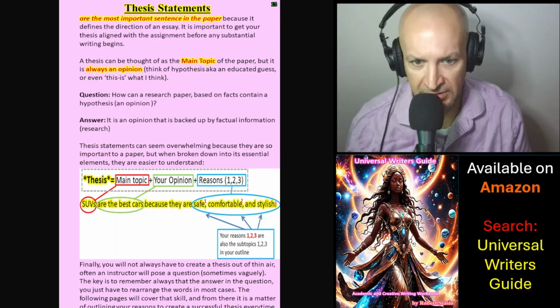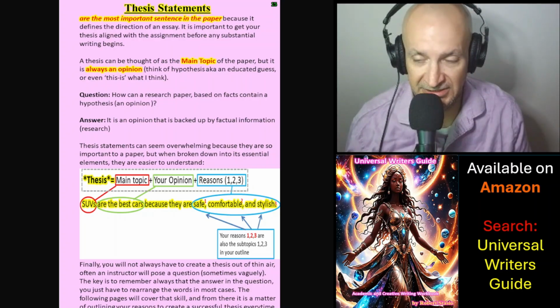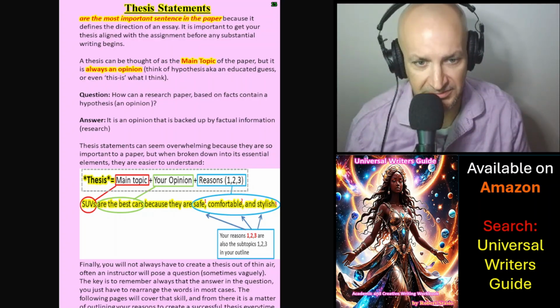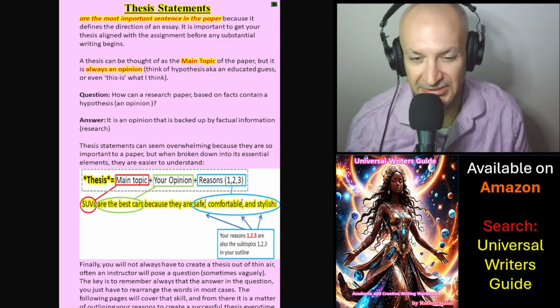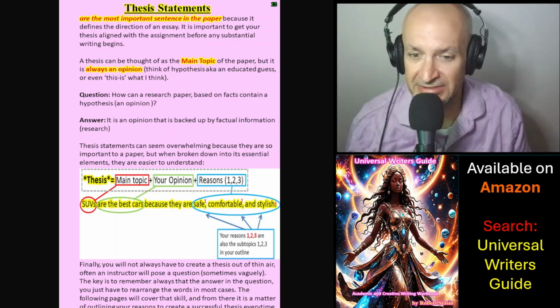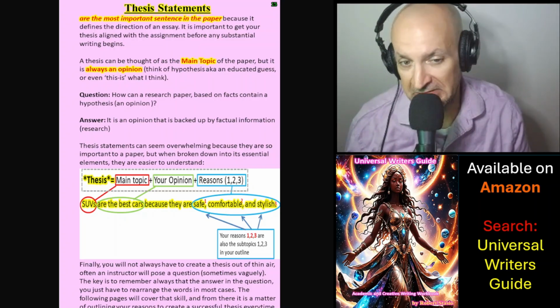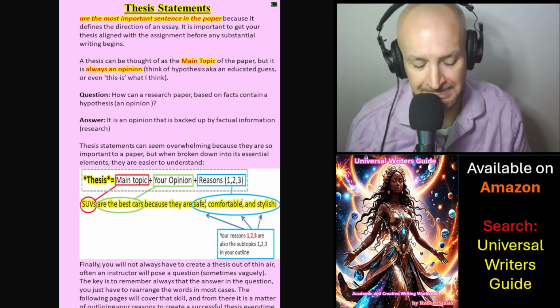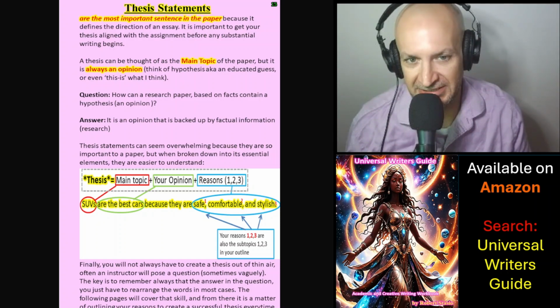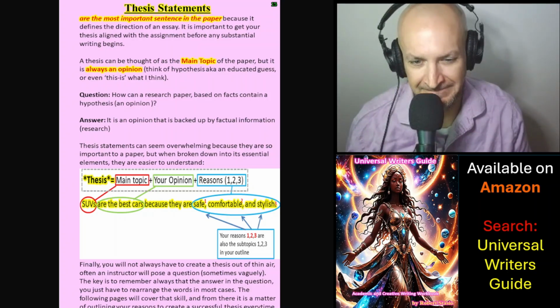Okay, so sometimes you have to create a thesis out of thin air. Your instructor will just be like, whatever you want your topic to be, they're comfortable with it. Just give me a thesis and then write your paper. But often an instructor will pose a question, and sometimes vaguely, okay, that you do have instructors that aren't excellent at articulating exactly what they want you to write about.